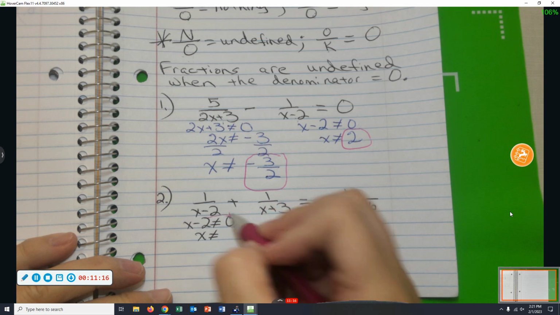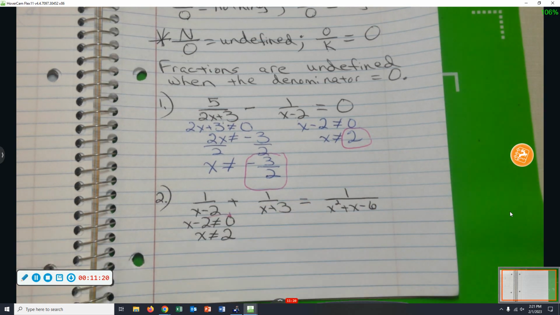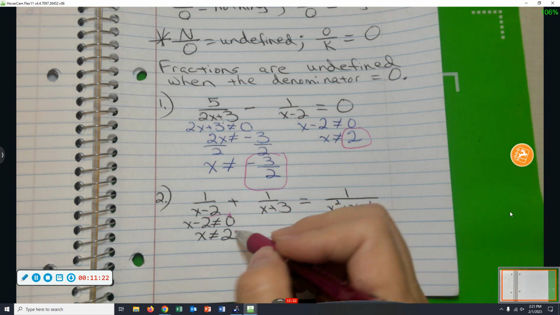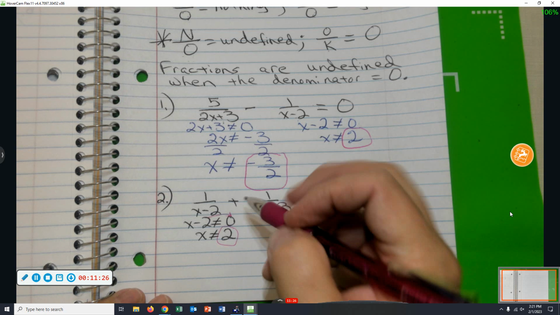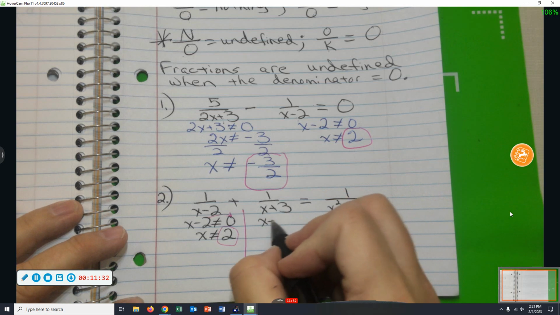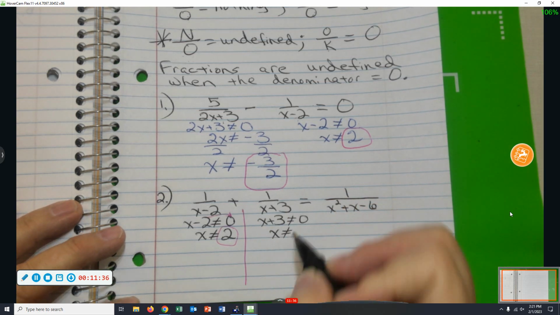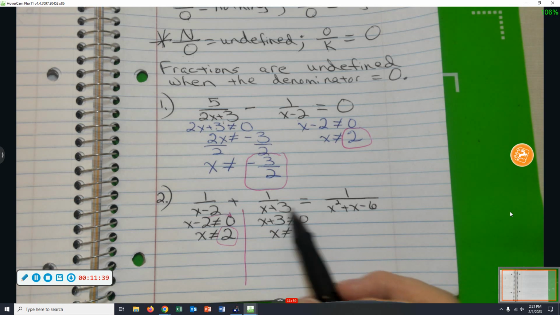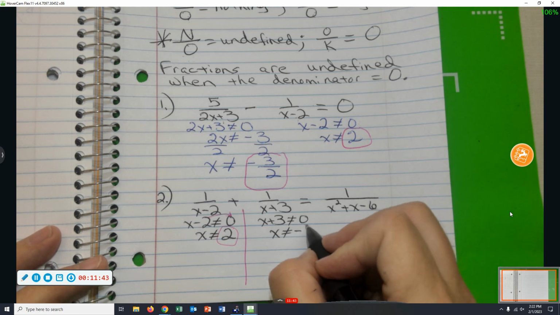You move that negative 2 over, it becomes a positive 2. So there's one answer: x can't possibly equal 2. Now the next one. x plus 3 can't equal 0, so x cannot equal negative 3. You undo the plus 3 by subtracting 3.